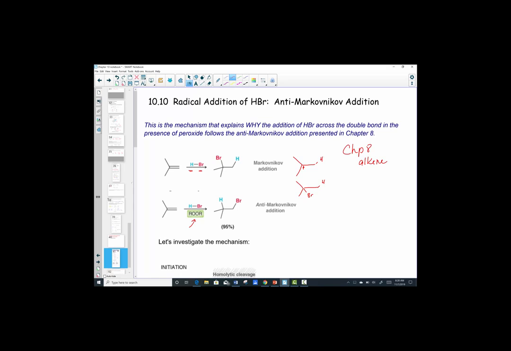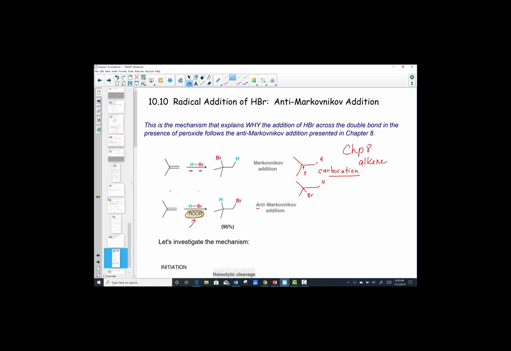The most substituted carbon is the bromine additional site because we created the most stable carbocation in that first step, the initiation there of the intermediate carbocation. So when we use a carbocation intermediate, the bromine will attach to the most substituted carbon. That's known as Markovnikov's rule. But we then decided we could find a method to brominate and create the anti-Markovnikov rule, and that's now in the presence of this peroxide.